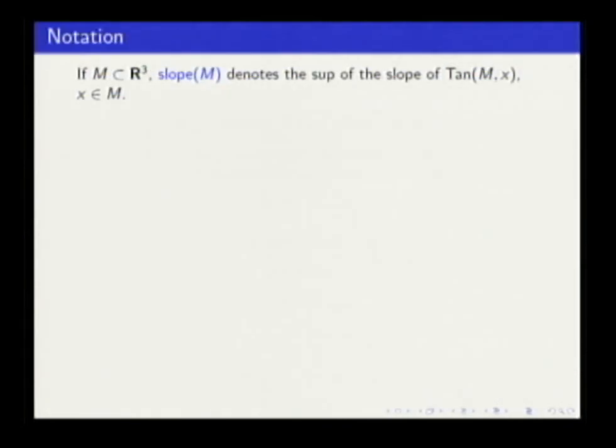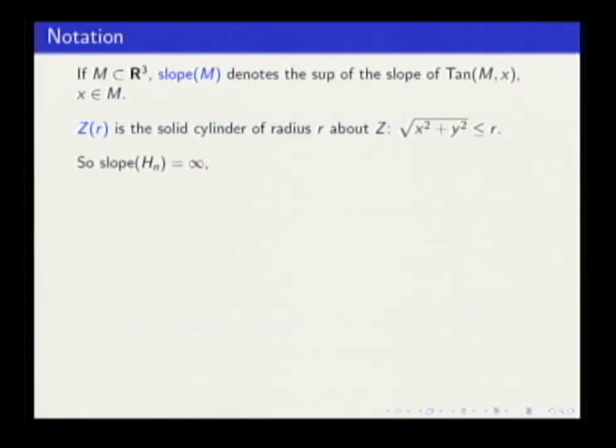Okay, so let me introduce a little notation. If M is a surface in R3, let me say slope M is the supremum of the slopes of the tangent planes. And Z of R means the solid cylinder of radius R about the z-axis. So if you take this helicoidal surface, the slope is infinity because it has points where the tangent plane is vertical.